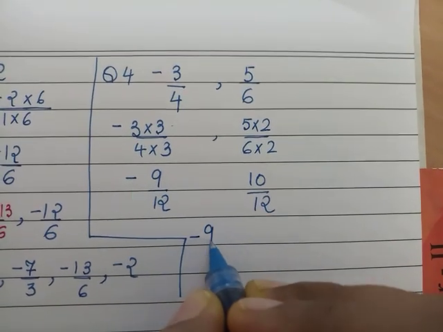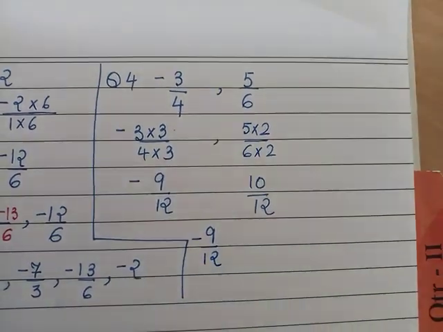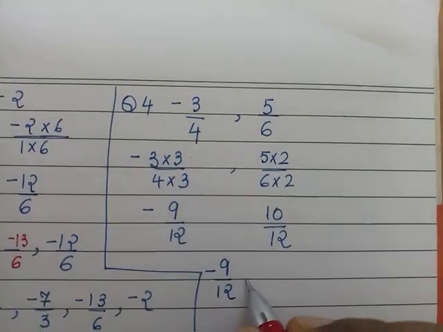So after -9 by 12, we have 10 rational numbers to be introduced.